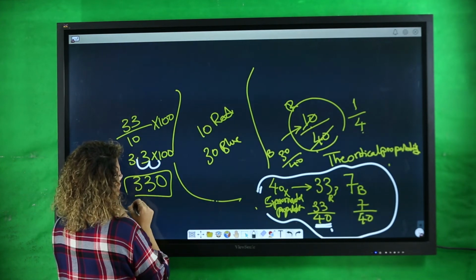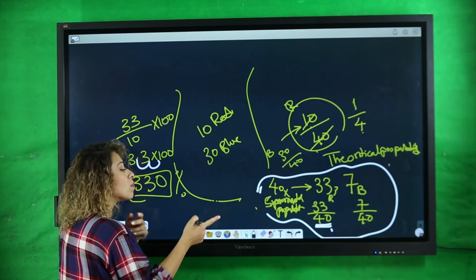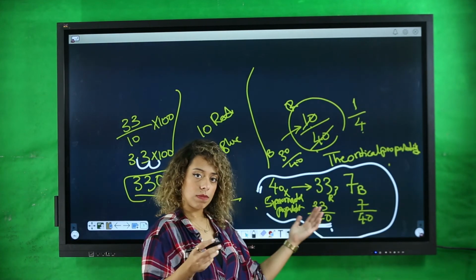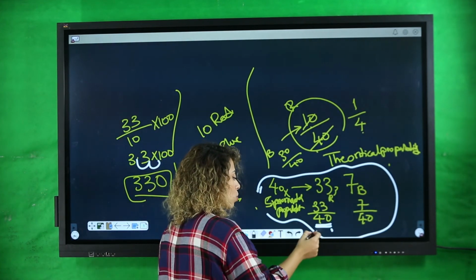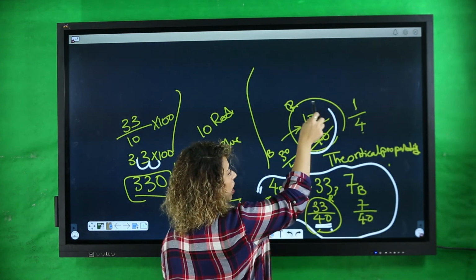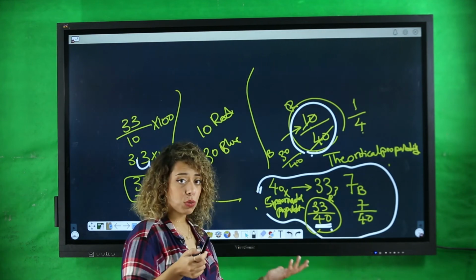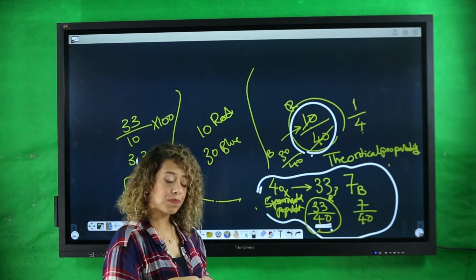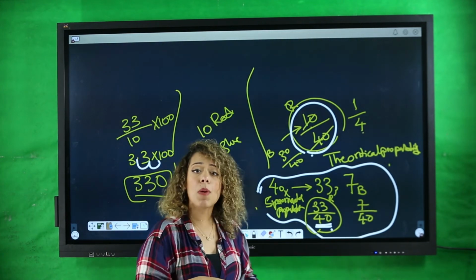That is the percent of my experiment versus my theoretical, because my experiment is way bigger than what I expected as a mathematical way of solving probability. So that's it with the probability.